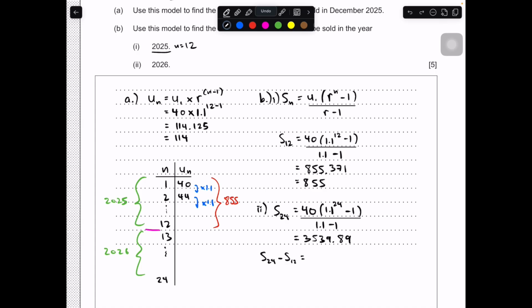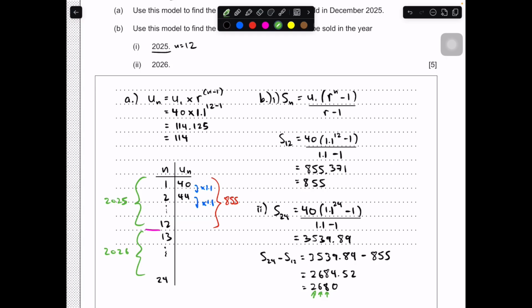Now I'm not going to write that. 3,539.89 minus 855. I'm just reading off the calculator what it said before. 2,684.52, or if we were to round up in this case, 2,685, or actually, sorry, let me just round to 3 sig figs. 2,680. All right, that is 3 sig figs. Remember, 1, 2, 3 significant figures.